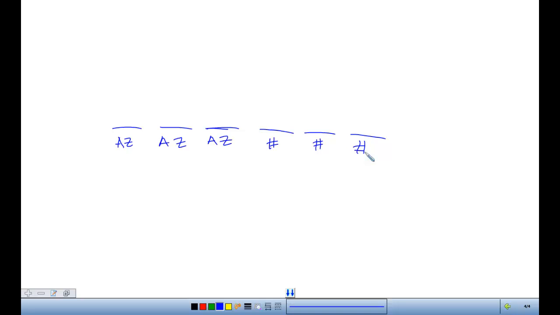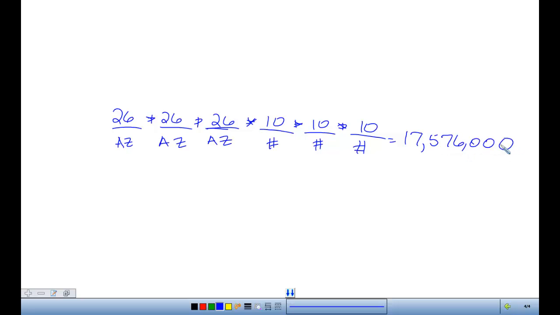We've got 26 letters in the alphabet times 26, times 10 times 10 times 10. And that comes up to 576,000. Okay, excellent. So that's how many license plates we could generate using that scheme.